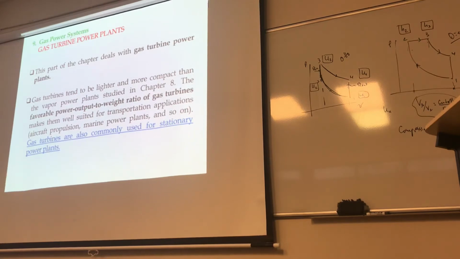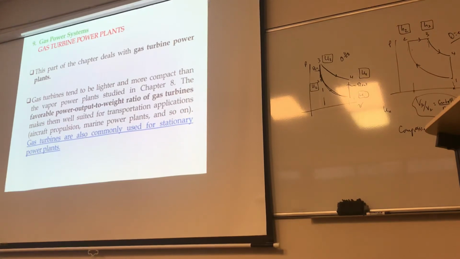Why? Because the density of water is pretty darn high, right? Compared to something that has air, which is much lighter. So you cannot take a vapor power plant, a water-based thing, and move it from one place to another. It has to be kind of stationary. The favorable power output to weight ratio of gas turbines makes them well suited for transportation applications.